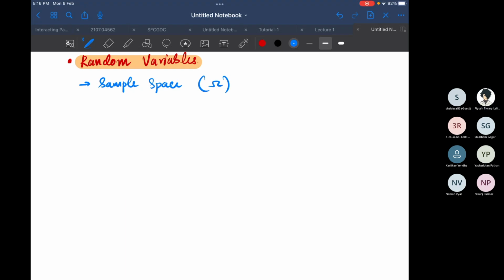We didn't actually define probability, but let me define a few other things now. First is what is called a sigma field, which I denote by F. So what is a sigma field?